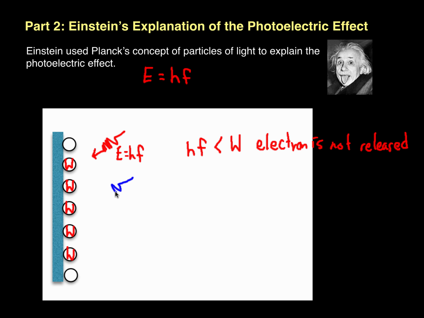If a photon came in with more energy, and that energy was greater than or equal to the work function for that particular metal, the electron would be released.